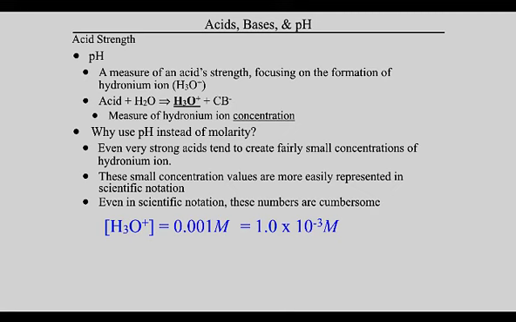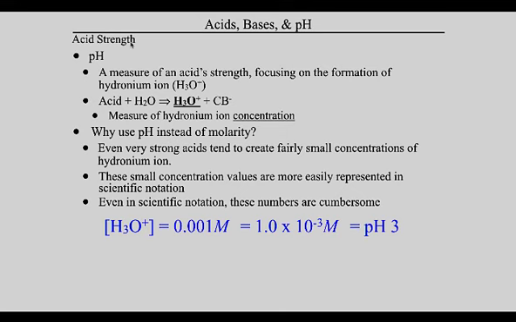So what do we do? Well, guys, instead of that, what we do is we talk about the logarithm of this number. And when we take the log of this number that we call pH, it actually becomes 3. And that's a whole lot easier.